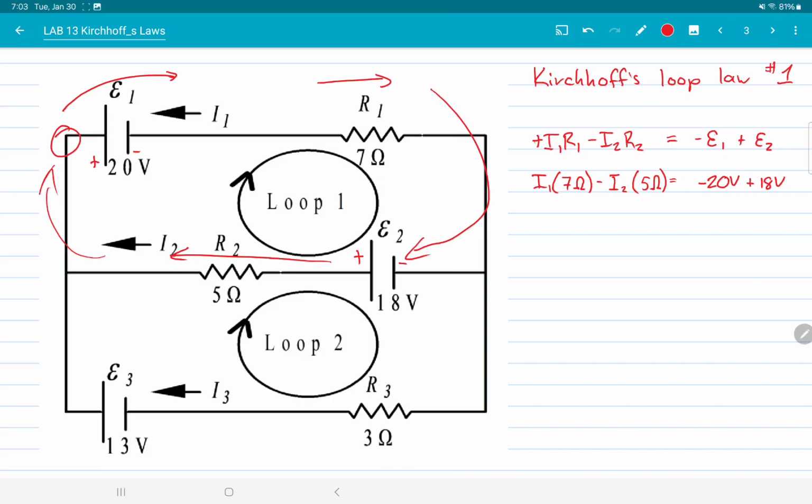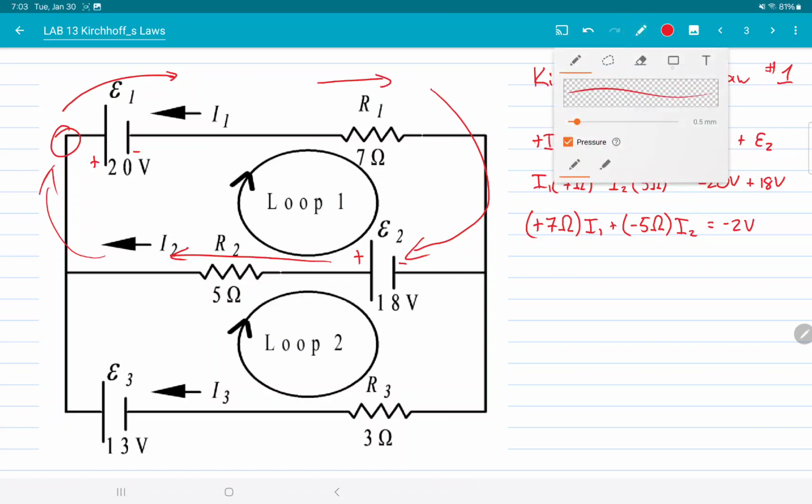Okay, so now we have our second independent. Actually, I can simplify that just down a little bit more. Let's call it plus 7 ohms times I1 and minus 5 ohms times I2 equals minus 2 volts.